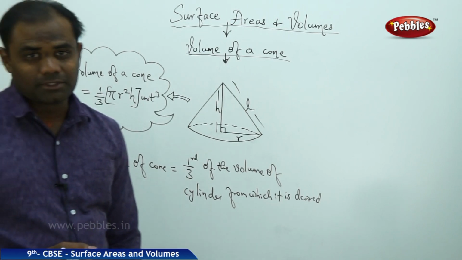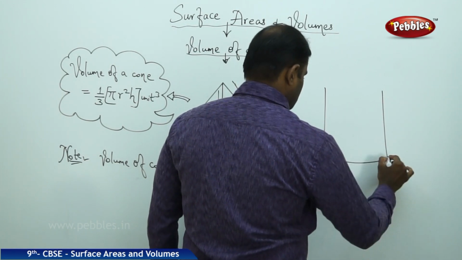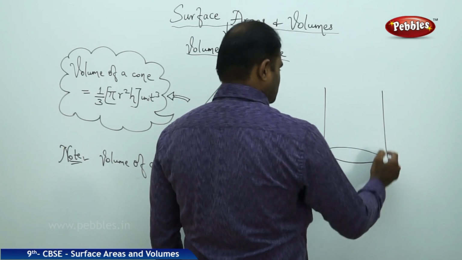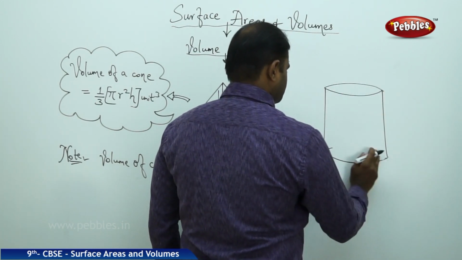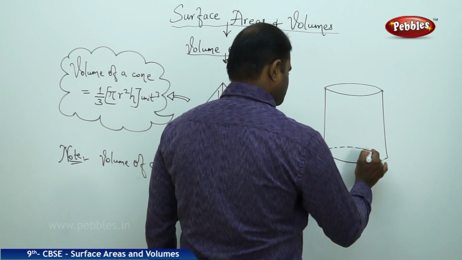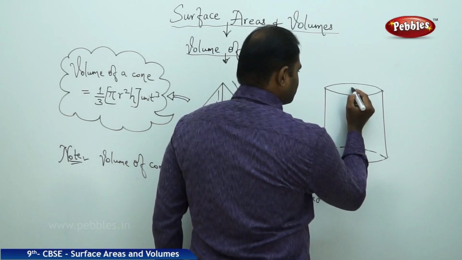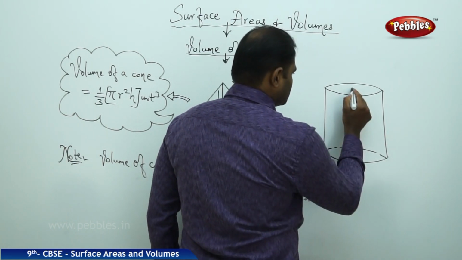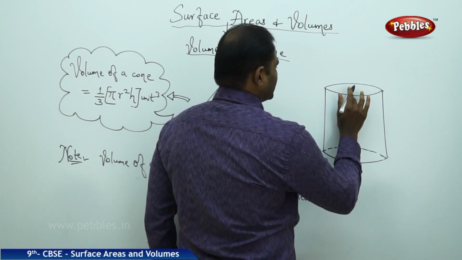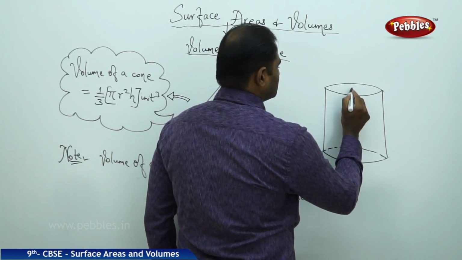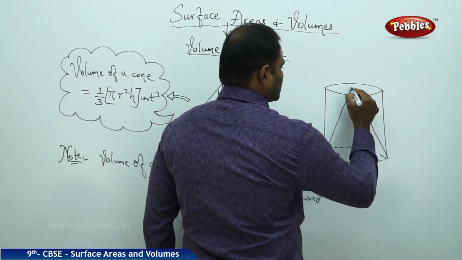What do we mean by from which it is derived? For example, I take a cylinder. Imagine I cut the cylinder exactly from the center, so that I get something like this.